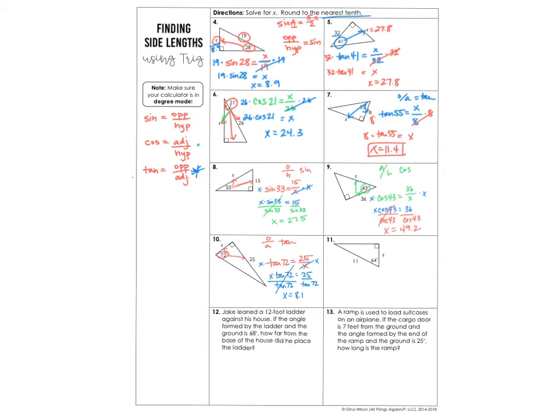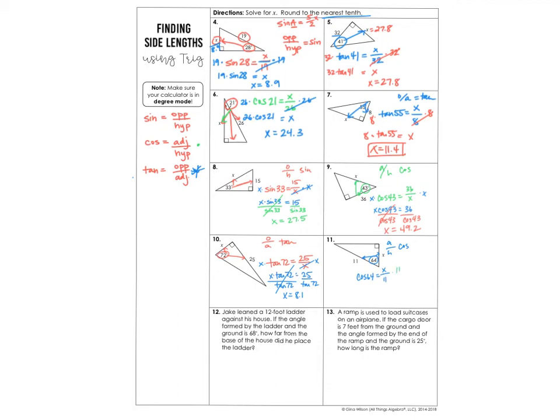Okay, hopefully you can do number 11 by yourself, but we're going to do one more together, just like this. It's giving us 64, and it gives us the adjacent and the hypotenuse. So that's cosine. So cosine of the angle 64 equals the adjacent side, so x, over the hypotenuse, which is 11. All right, so this is the easier one.